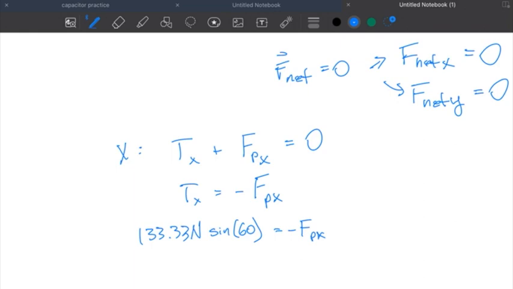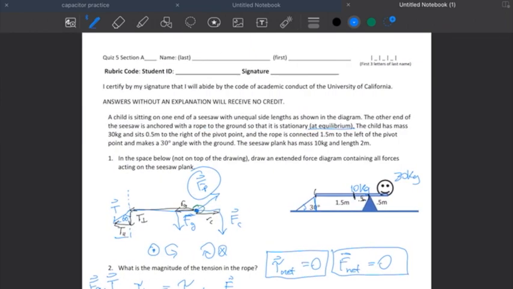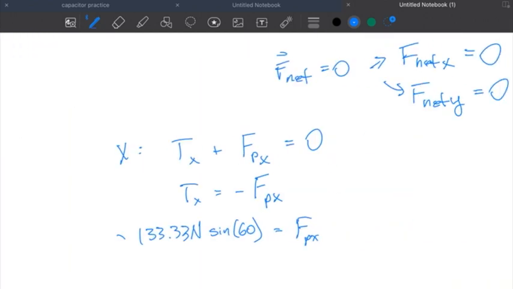So there's our X component of the pivot force. And we could just move the negative over to the other side, so it's nice and neat. So our pivot force is, of course, pointing in the positive X direction, because the tension force, so I missed that. The tension force points in the negative X direction. So what I should have had here was that the negative tension force equals the negative Fpx. So this middle equation here, this is correct.